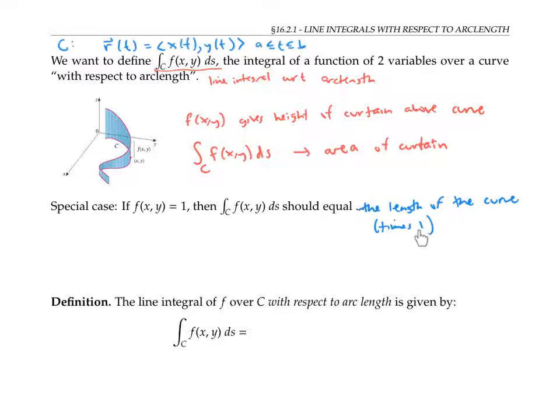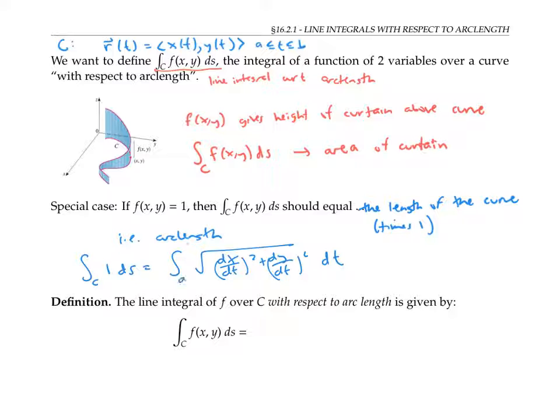Since multiplying by 1 unit doesn't affect the numerical value of the answer, just the dimensions, the units, then that means that this line integral should just be equal numerically to the arc length. In other words, this integral of 1 ds should just equal the integral of the square root of (dx/dt squared plus dy/dt squared) dt, because that's how we compute arc length.